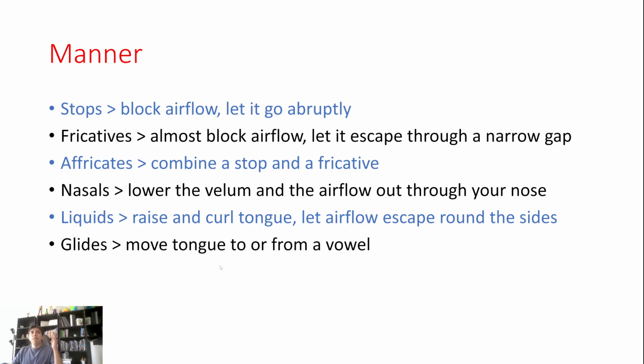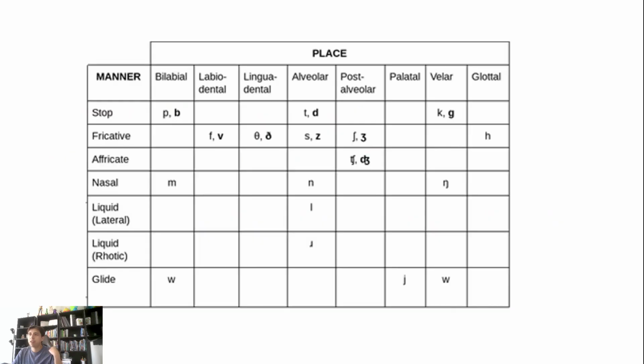So we have seen voiced, place, and manner, and there is this specific chart called the IPA, International Phonetic Alphabet chart, and with this chart you can see that sounds are organized by place, manner, and voiced or voiceless.